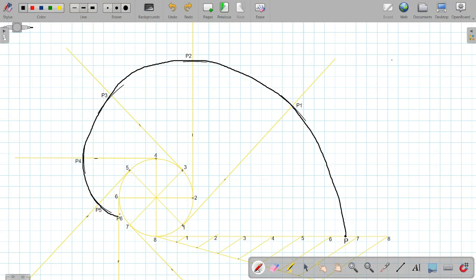Once it reaches point P6, just with the same flow, touch this on the circle. So this curve which we have just drawn is the path traced by the end point of the string, and this is nothing but the involute. So in the question it was asked to name the curve, so I will name the curve as involute.